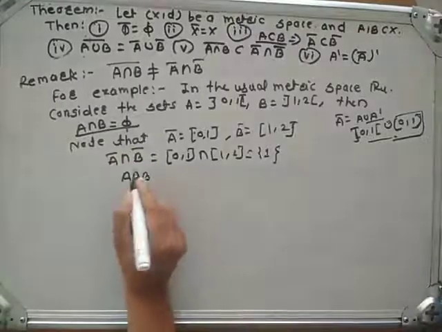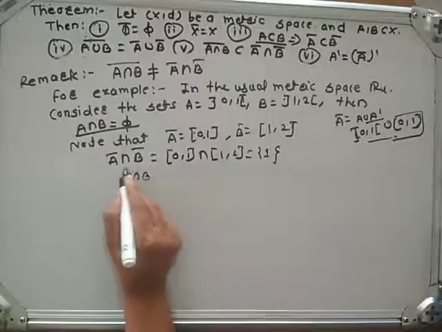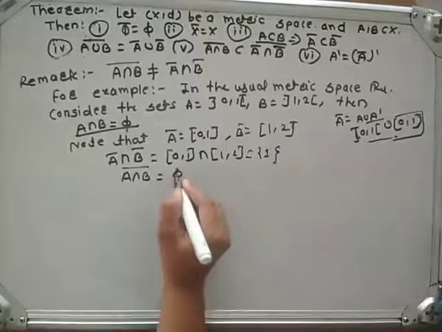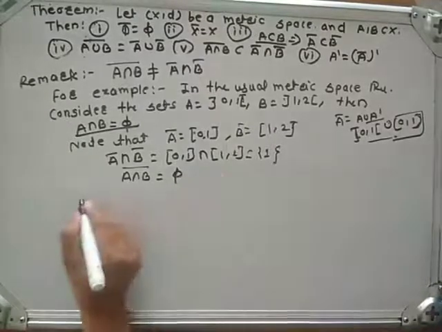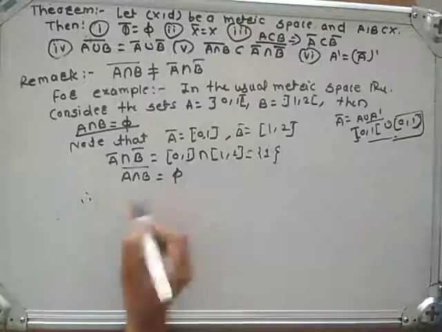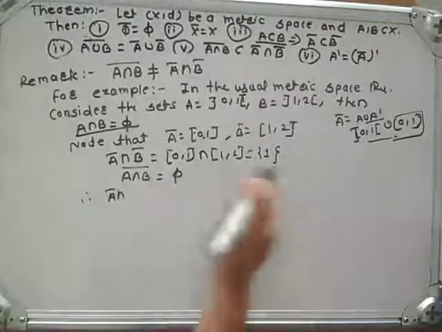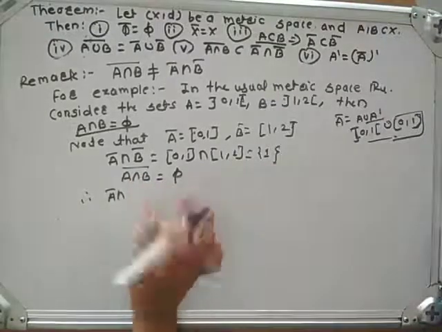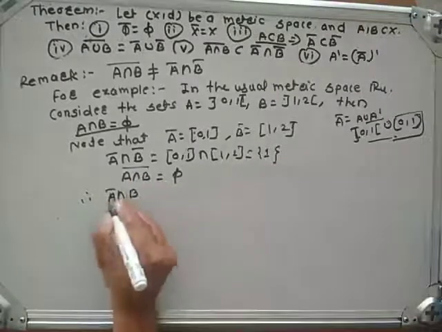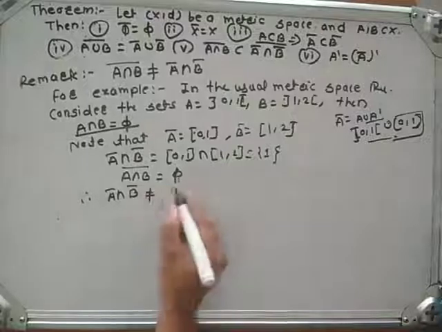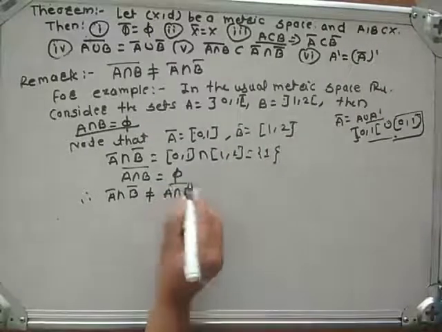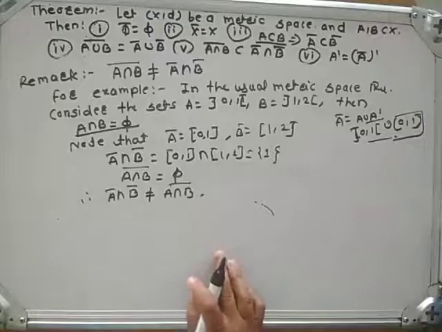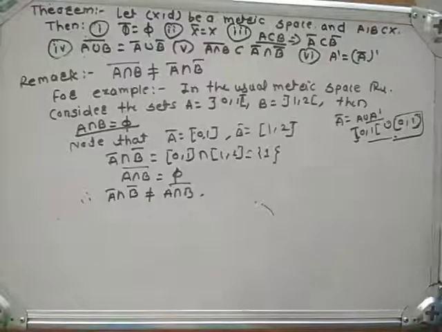Therefore, closure of A intersection B must be phi. Therefore, observe here that A closure intersection B closure is singleton 1, and closure of A intersection B is phi. That means A closure intersection B closure is not equal to closure of A intersection B. Okay, we will stop here. In the next video, we will see boundary points.